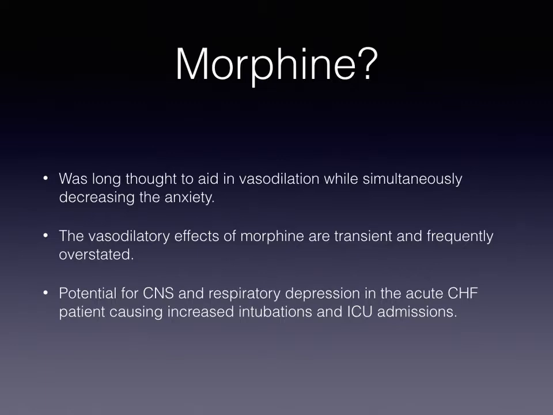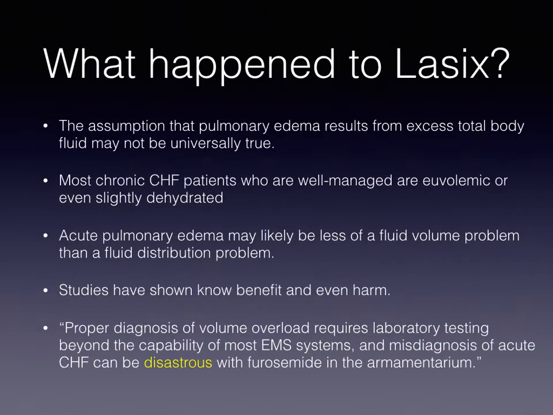Most of these patients, if you hit them aggressively with nitro and with CPAP, can be on a nasal cannula speaking normally a lot of times before you guys even are done with cleaning up the rig and leaving the emergency department. So, this is something that you need to be very aggressive in treating. Morphine, not as good as we once thought it was.